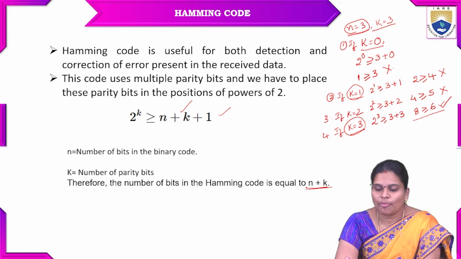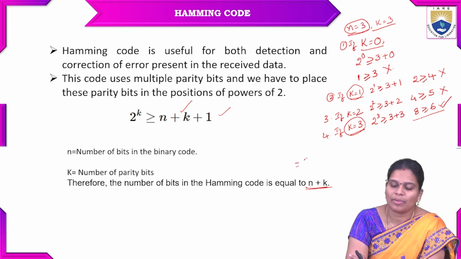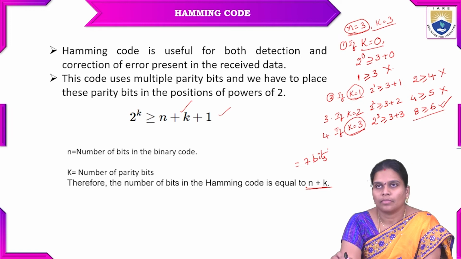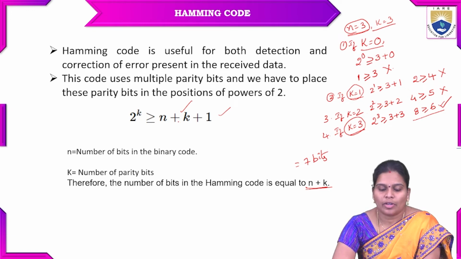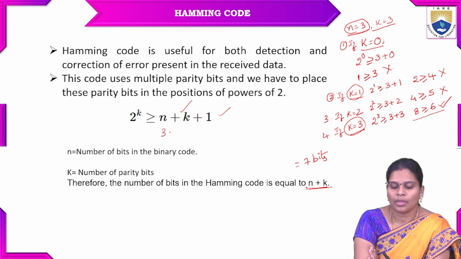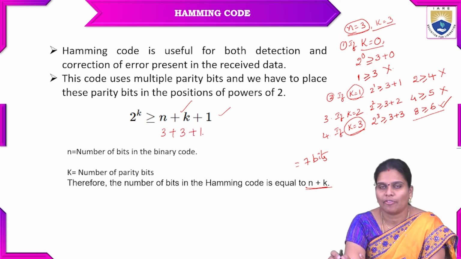Here the number of parity bits is 3 and the number of data bits is 3. So the total is 3 data bits plus 3 parity bits plus 1, which is 7 bits. n equals 3, k equals 3 plus 1, so the total is 7 bits.